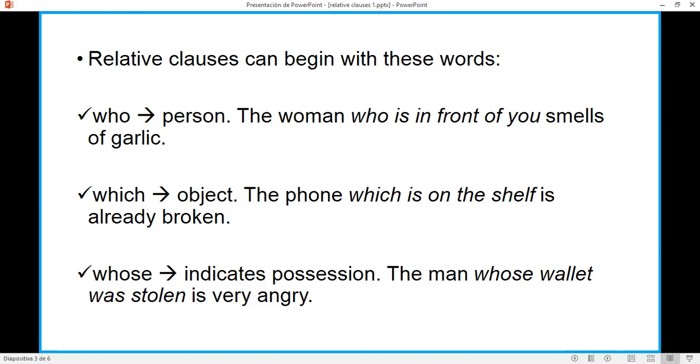In this case, we are giving extra information, okay? Which, that is used for objects. The phone which is on the shelf is already broken. Here we are using relative clauses to give extra information. Whose, that is about possessions. The man whose wallet was stolen is very angry.